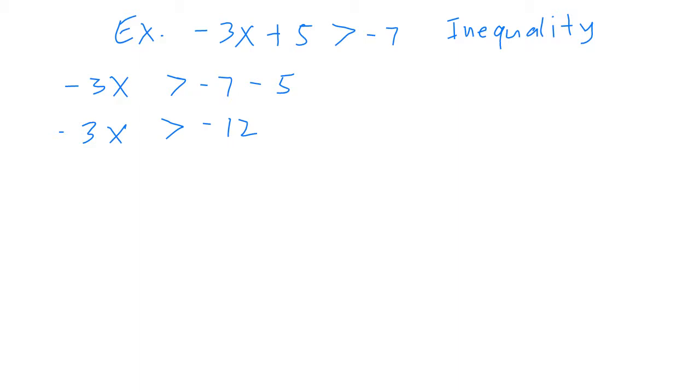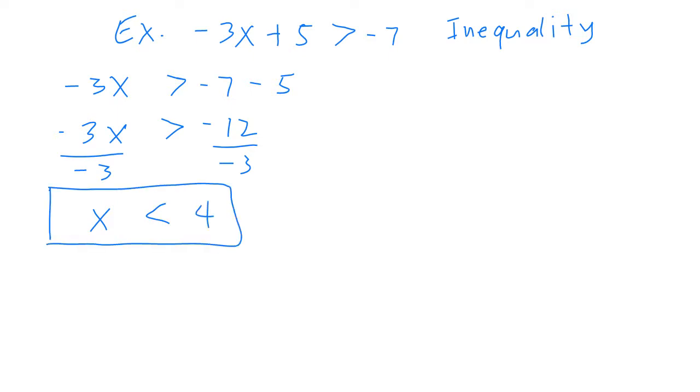And then I have to isolate my x here by dividing negative 3 on both sides of the inequality. Now there's a rule: when you're dividing a negative or multiplying a negative, it actually reverses the symbol. So instead of greater than, you will get the less than here. And this would be our answer.